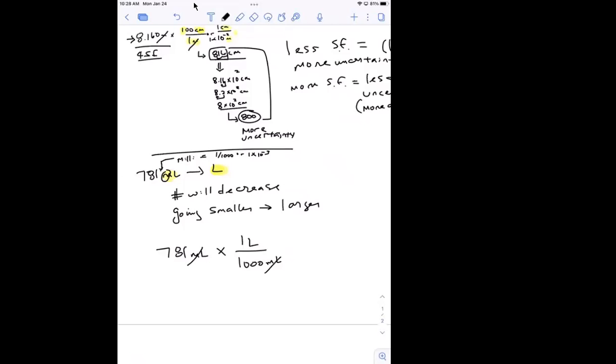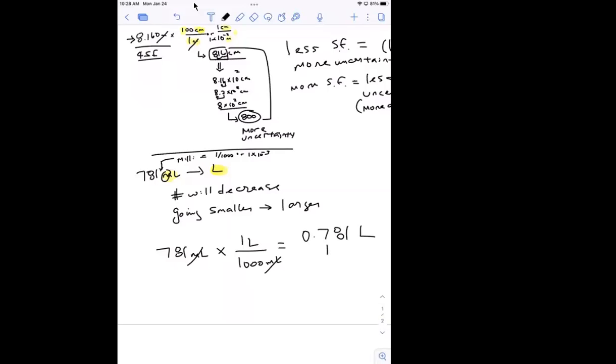All right, so what do we have? 781 divided by 1,000, that's going to be 0.781. Is that right? Liters. Yes, no? Yes.